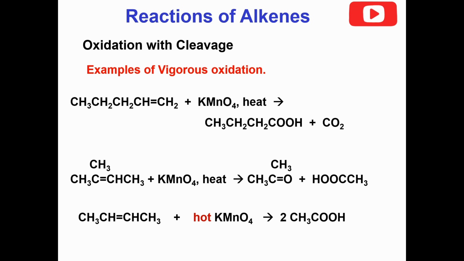The last one is a very symmetrical alkene. Because they're symmetrical, they're going to form aldehyde and further carboxylic acid. That's why we are putting 2, because they are similar. So they're going to form 2 acids. Whether you see hot, you see heat, or you see acidified, they are all talking about vigorous oxidation of alkene.